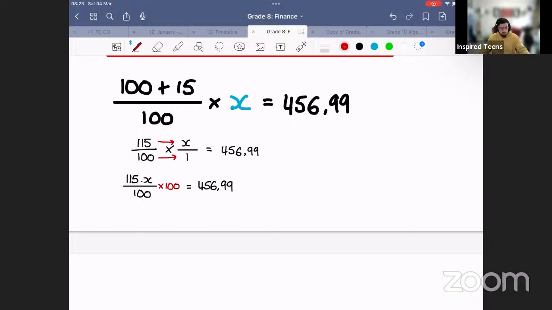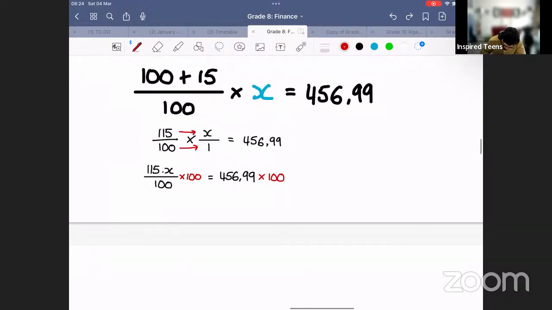In your calculator, dividing by 100 and multiplying by 100 doesn't make a difference. So it makes 1 basically. If you say 5 times 100 divided by 100, you're going to see that you're left with 5. But it's an equation. So whatever I do to the left, I need to do to the right to keep it an equation. So in order to get rid of this 100 on the left-hand side, I have to multiply by 100 on the left, and I have to multiply by 100 on the right.